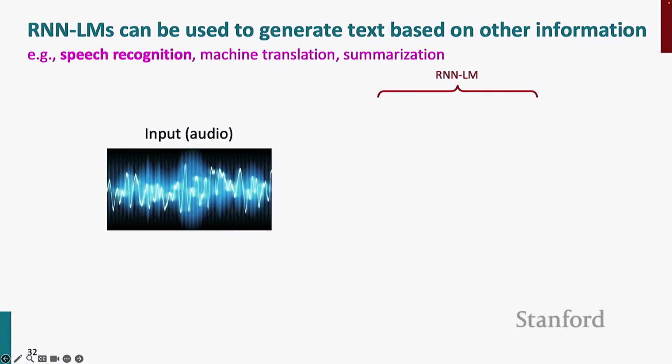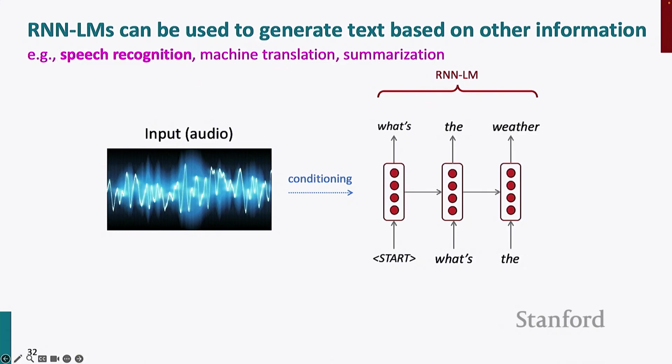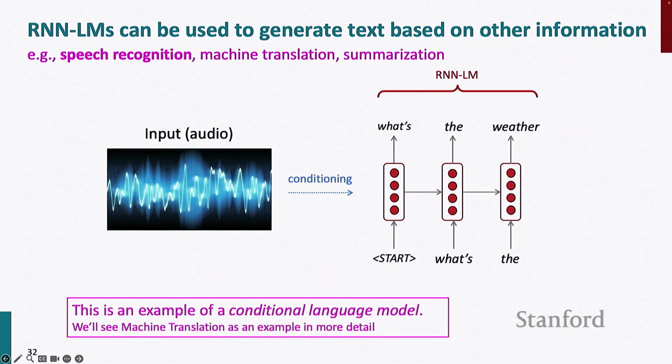You can also use RNNs for lots of other purposes where you're using it to generate text based on other information. So if you want to do speech recognition or summarization or machine translation that we'll come to later, you can have an input source which you'll use to condition your network, and then you'll generate the speech recognition or the machine translation, as we'll see later.